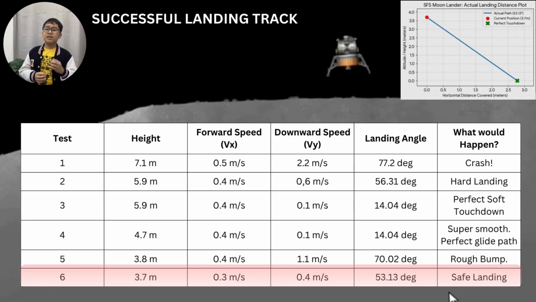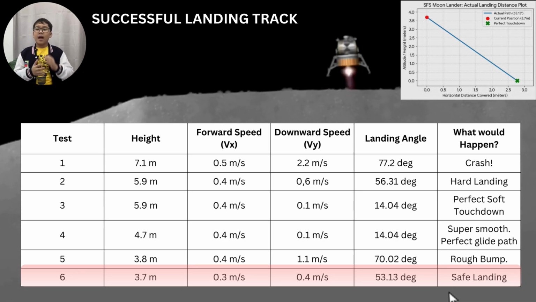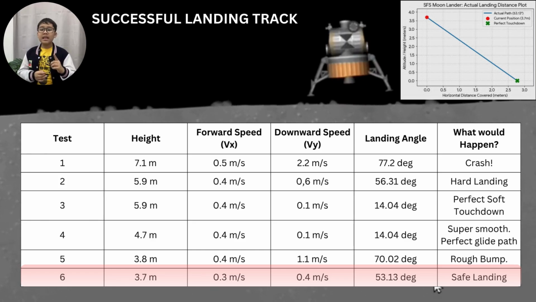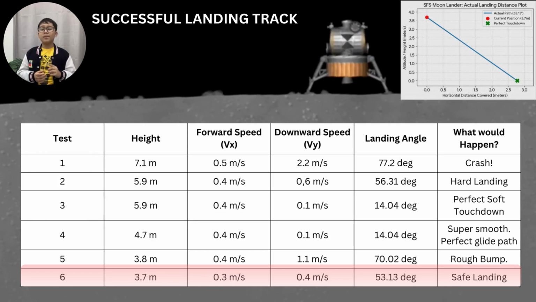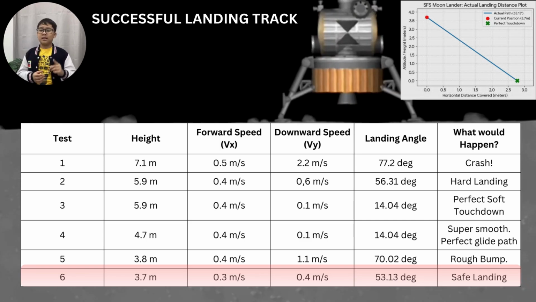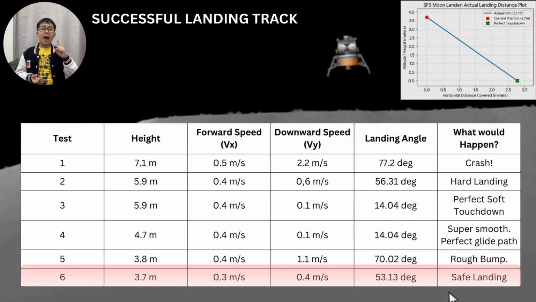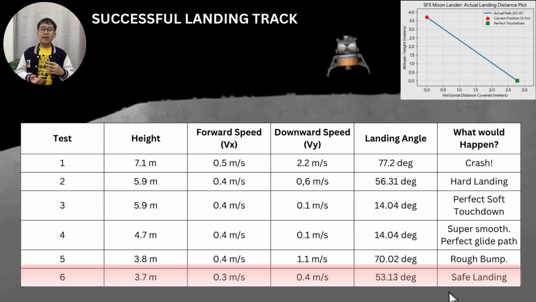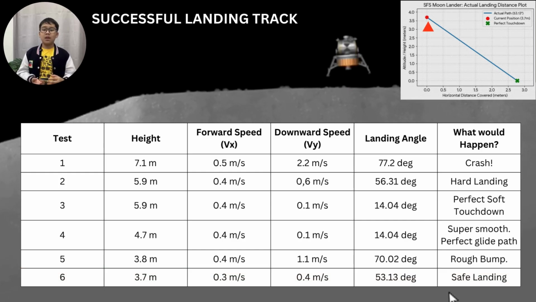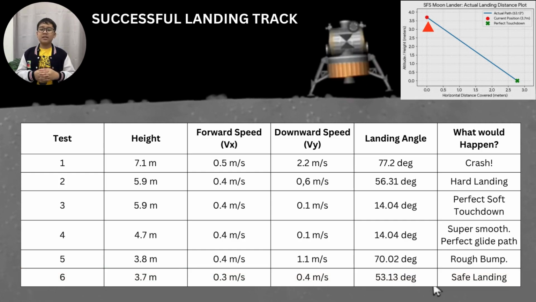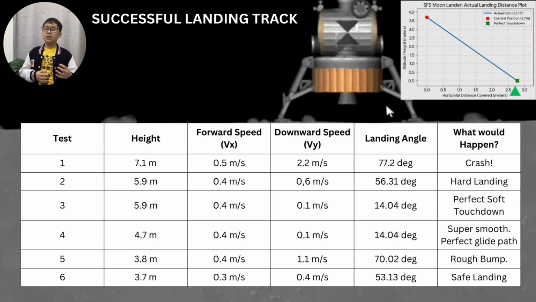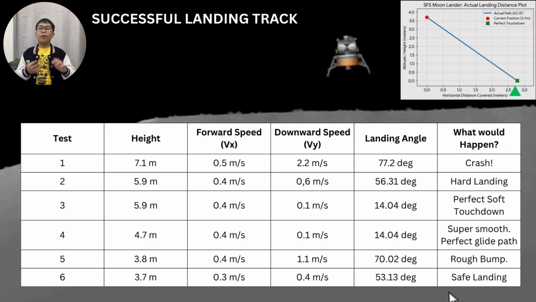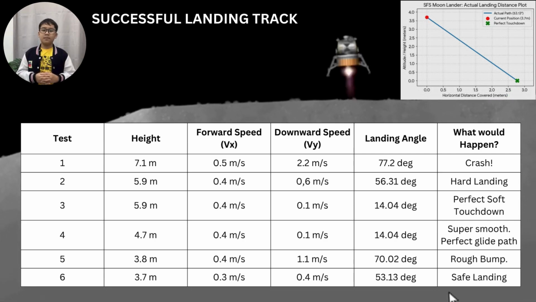This proved to us that while a 90-degree angle is a target, staying super slow is the ultimate secret to surviving a landing on the moon. Our moonlander travels an actual horizontal distance of 2.78 meters over a total airtime of 9.25 seconds.